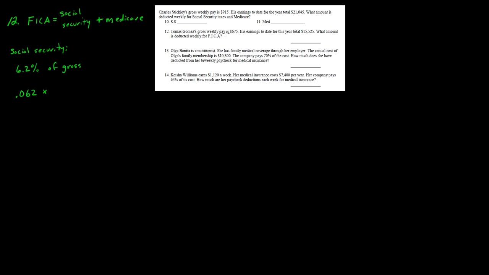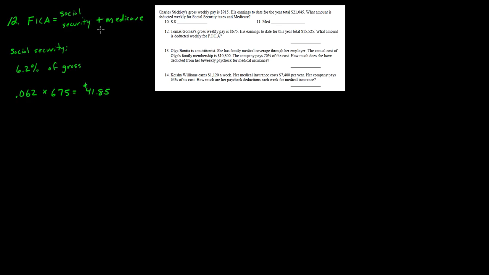We want to look at the weekly pay. So $675. When I take 0.062 and multiply that times 675, let me throw that into my calculator. 0.062 times 675, and I get 41.85.